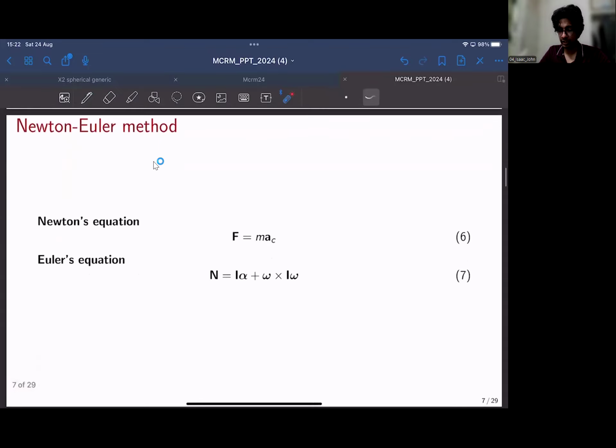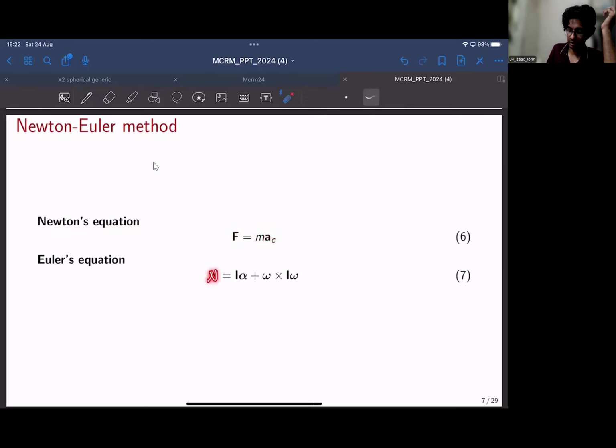And the second method is actually called the Newton-Euler method. So it basically deals with the equations of motion in translation, pure translation. That is what Newton's equation deals with. So it says the force acting on a rigid body is nothing but the mass times the acceleration of the center of gravity.